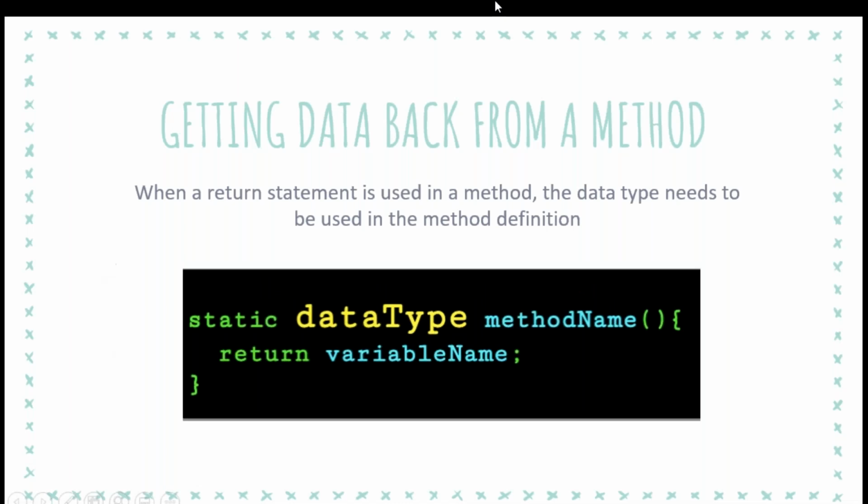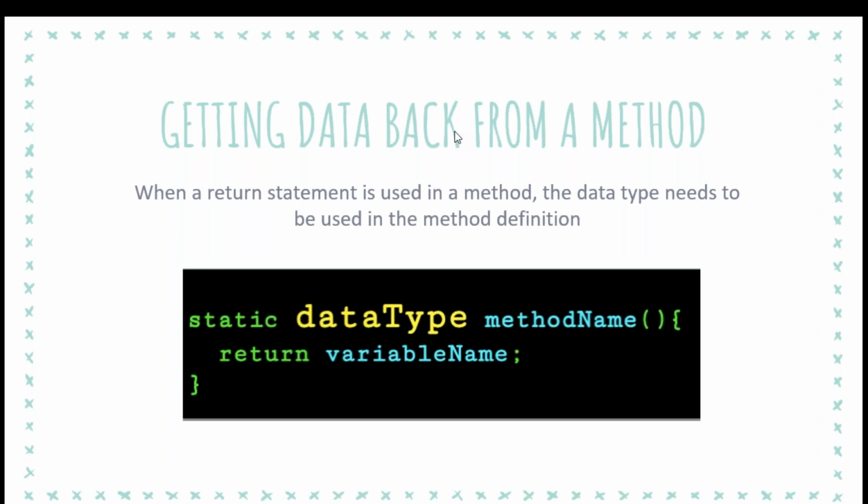Continuing off of that, this is how we can implement that same return statement I showed everyone in the previous slide into a method. This is getting data back from a method once again. When a return statement is used in the method, the data type needs to be used in the method's definition. We learned about data types in one of the previous parts of our Java series, like char, boolean, string, basically the core data types that Java utilizes to differentiate values.